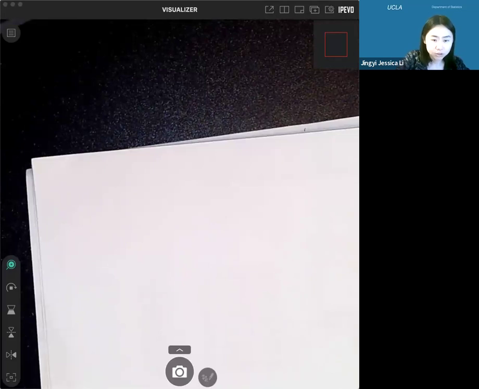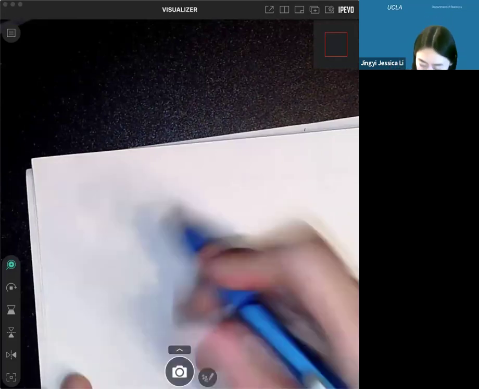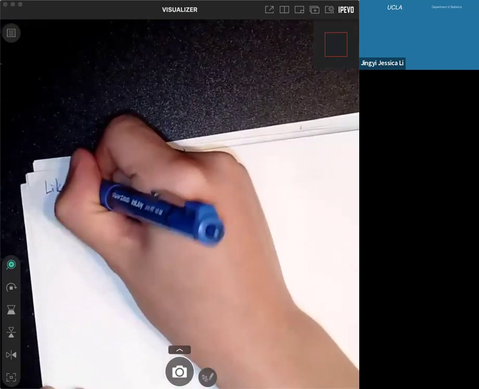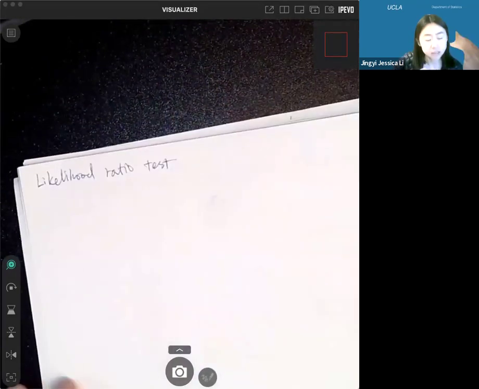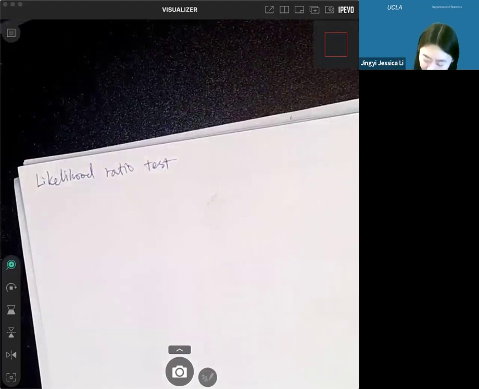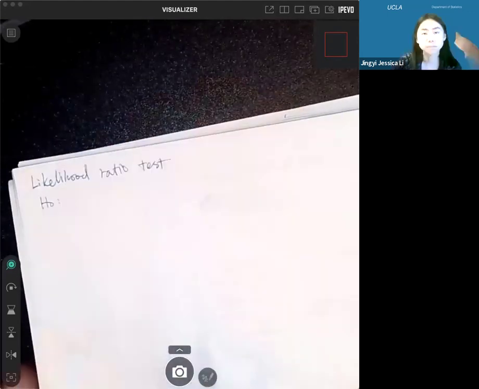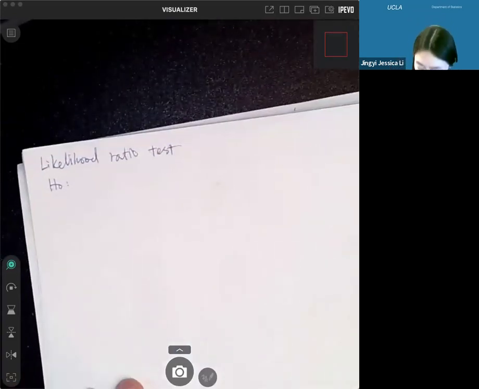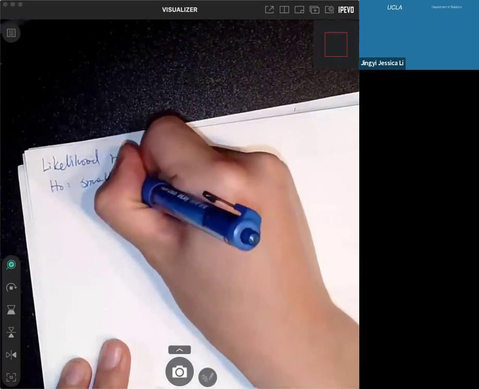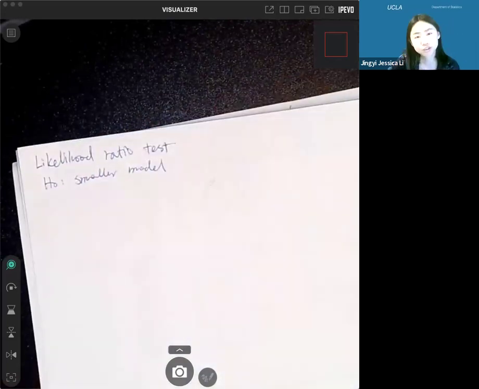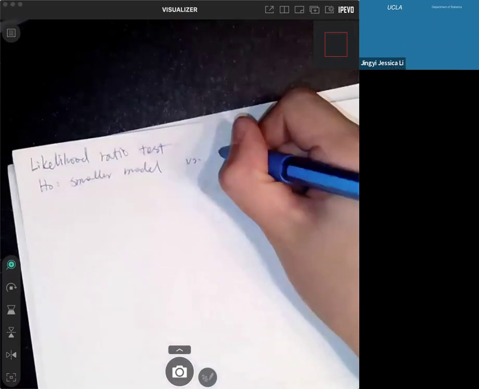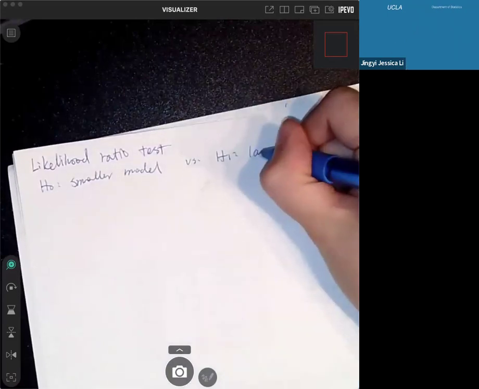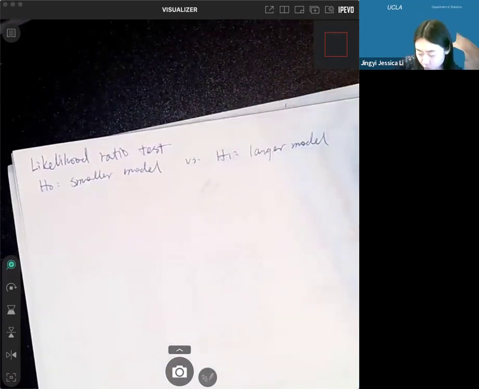So coming back to the likelihood ratio test, it's a more general approach, as long as you can write down the likelihood. Typically, in the general setting, when you say likelihood ratio test, you're comparing the null hypothesis, where you have a smaller model with more restrictions, more assumptions put into the model, versus an alternative as a larger model with fewer constraints.